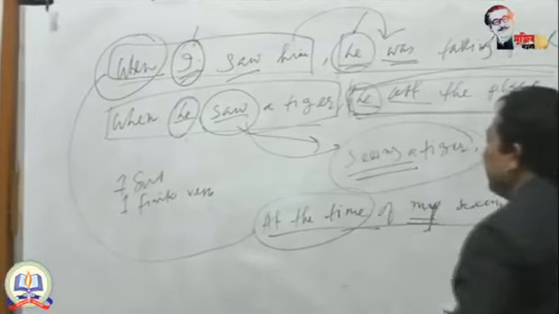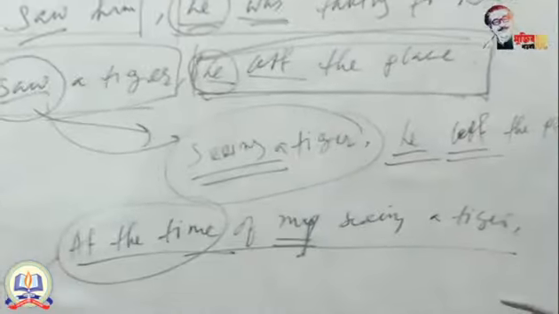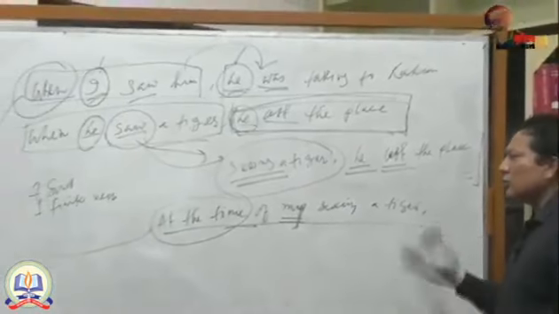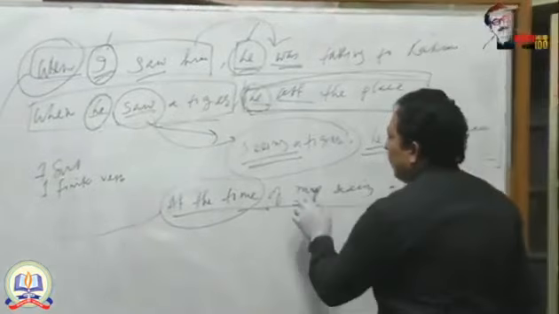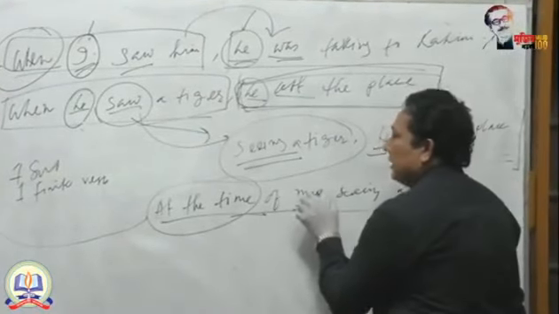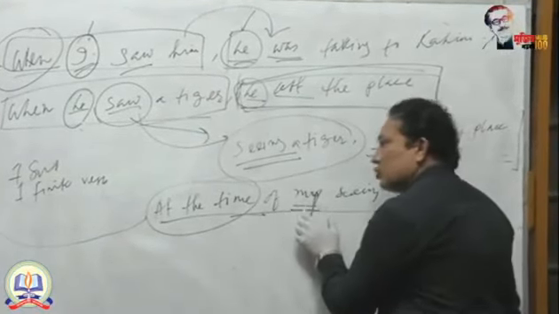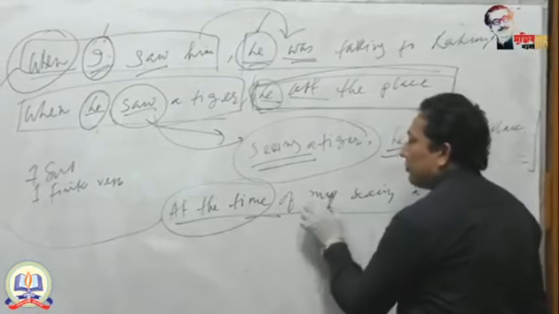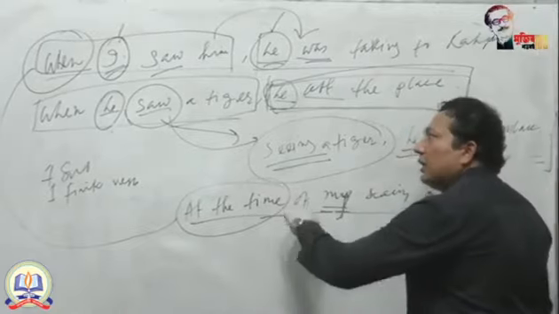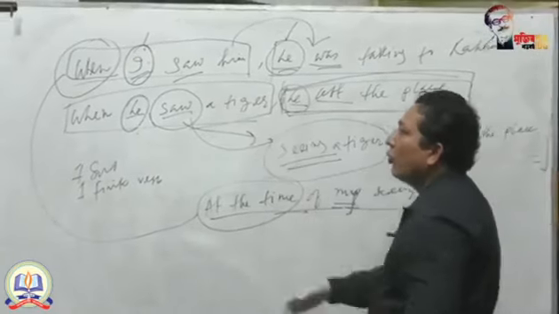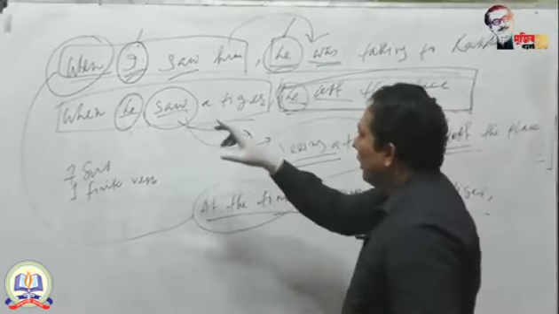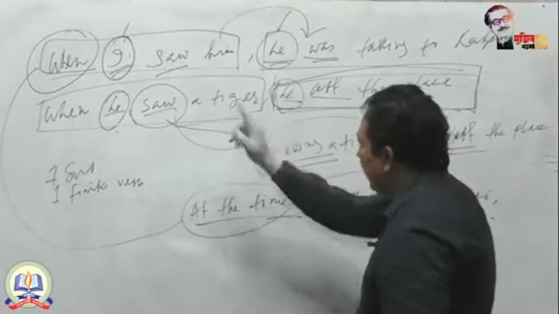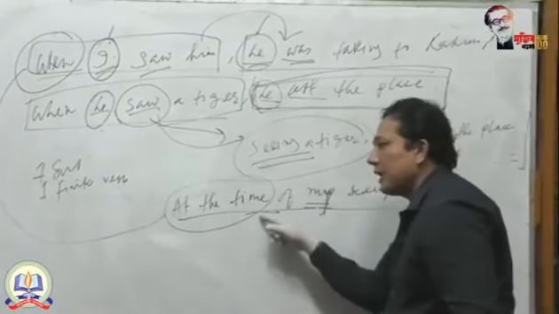Actually, when this type of question is given to the students, they become confused. You need not be confused. If you find any different subject, you can change the subject in this way. You make it possessive, at the time of my. Why are you using at the time of in place of when? Because when indicates time. So by omitting when, you are using the phrase at the time.